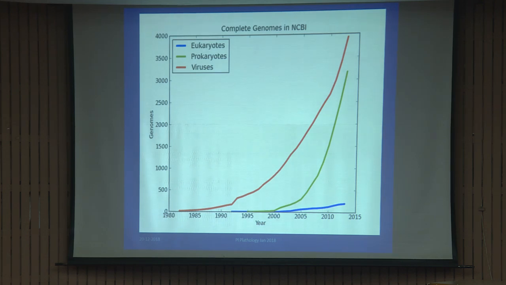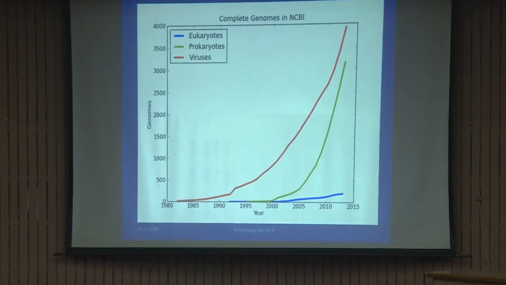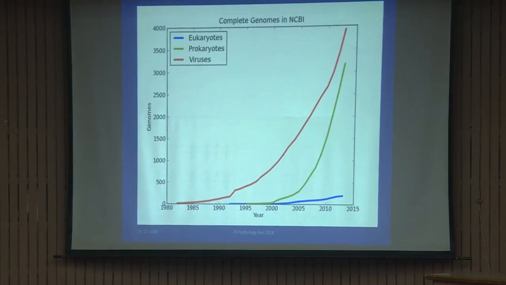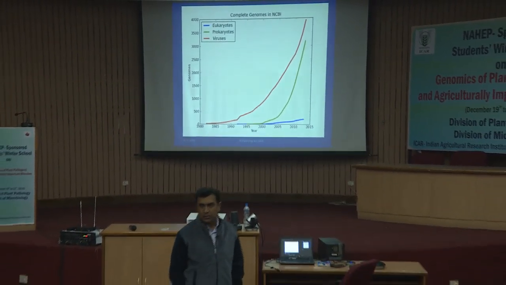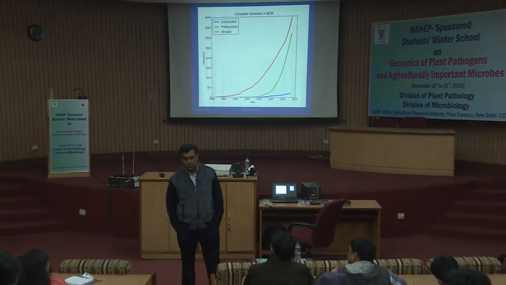Why? Because they are smaller, simpler and easy to assemble, very basic. The eukaryotes, plants, are very complex and very big in size, and due to various factors like polyploidy and so on, they become very difficult to handle. We will talk of the smaller genomes.